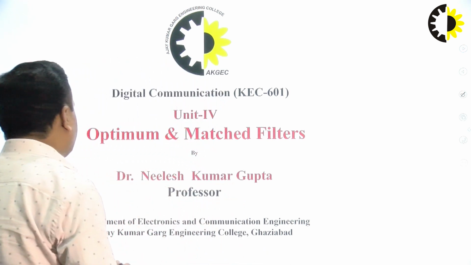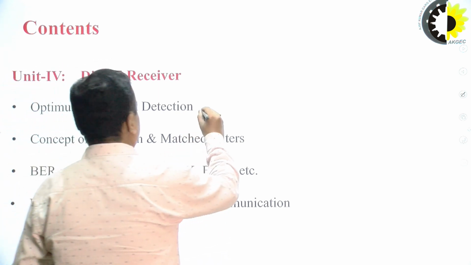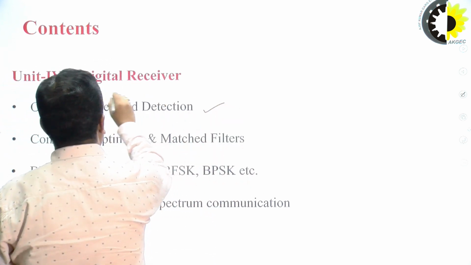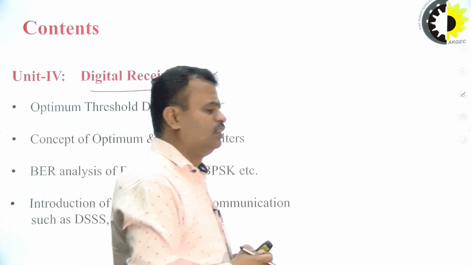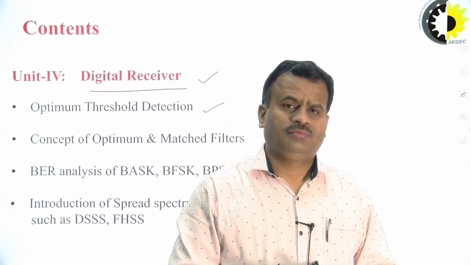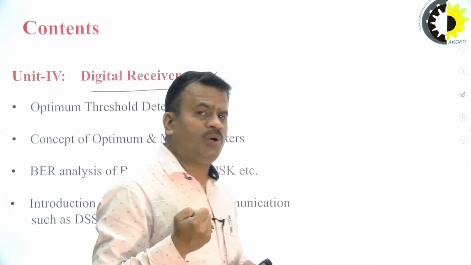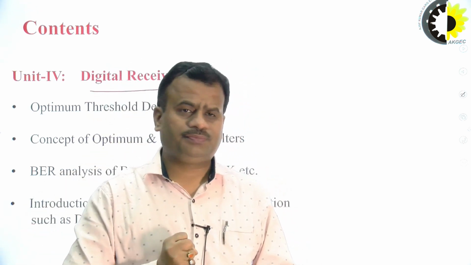So this I have taken from unit number 4, which generally concentrates on optimum threshold detection, in the digital communication syllabus of KEC 601. So, digital receiver means what? It means you have to detect the proper and exact signal that you transmitted from the transmitter.